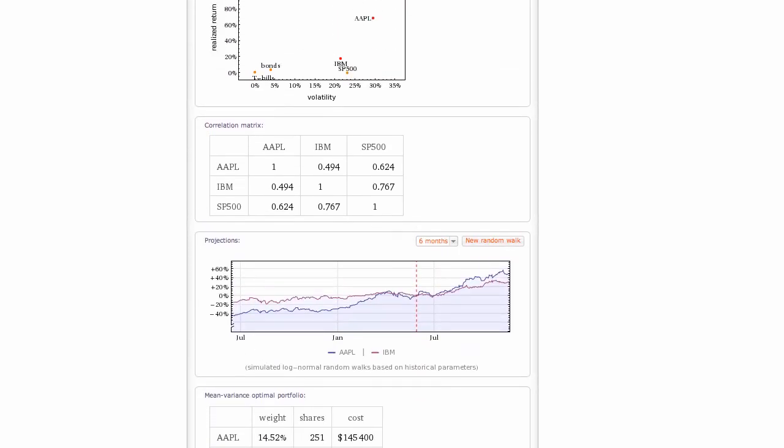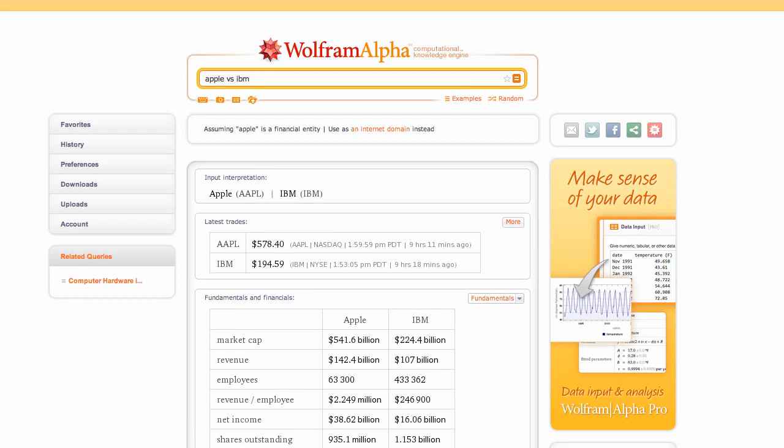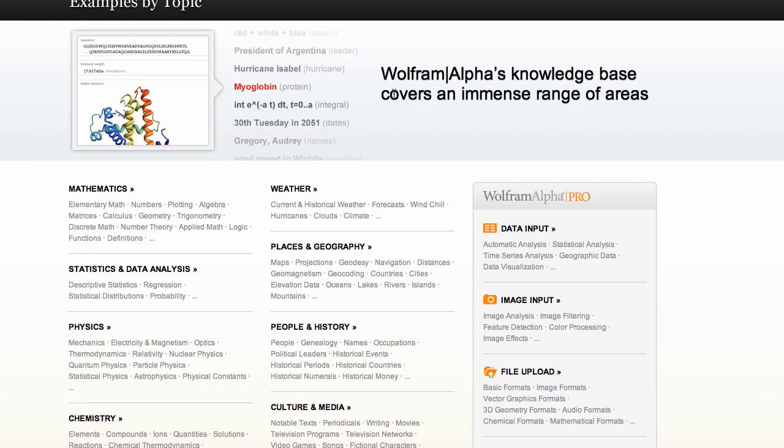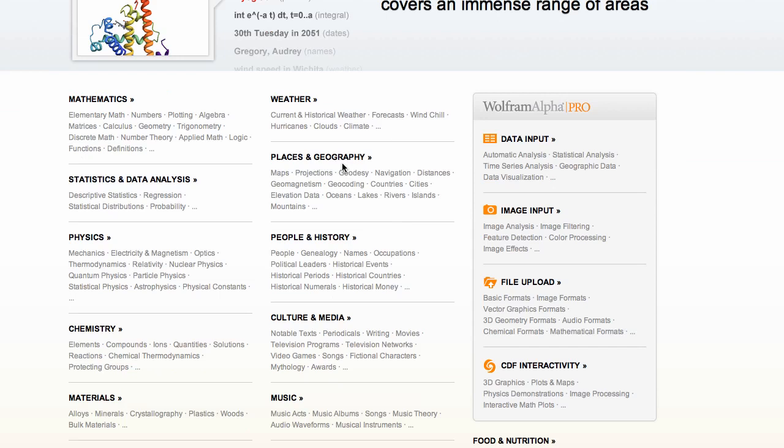And so I encourage you to look at Wolfram Alpha. Look at the examples that they have at the top. You'll see that there's a lot of different examples we can look at. If you're trying to look at something from maybe one of the other perspectives, like music, okay?